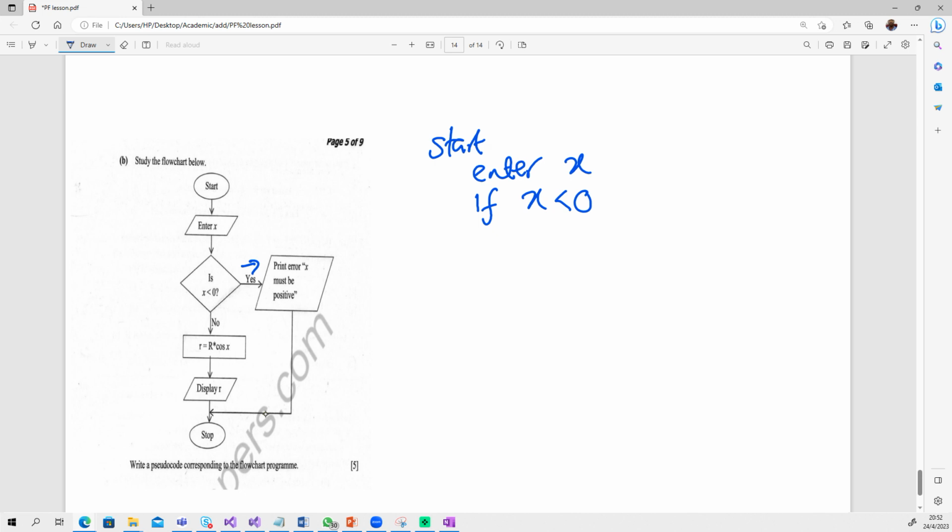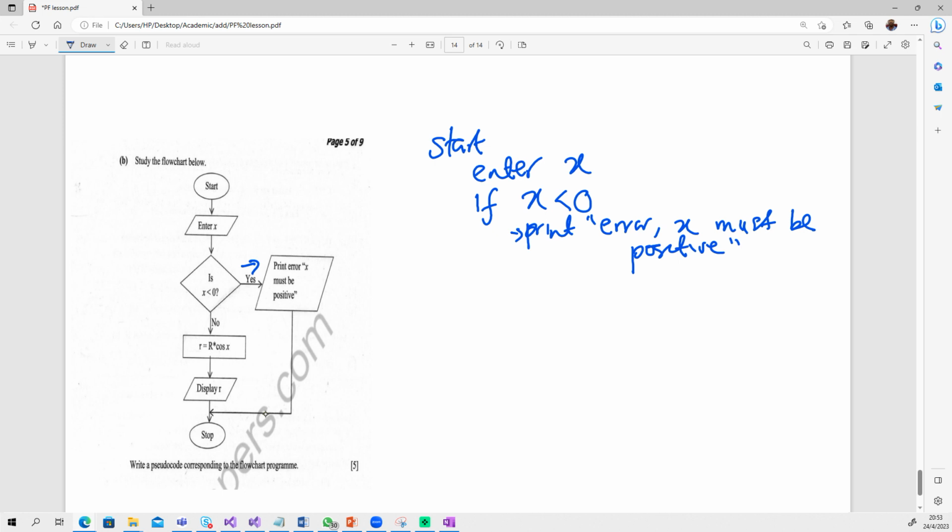So if this was less than 0, we would say print, or we could say display, error, x must be positive, like this. So this is what you will do if x is less than 0. But what if it's not?